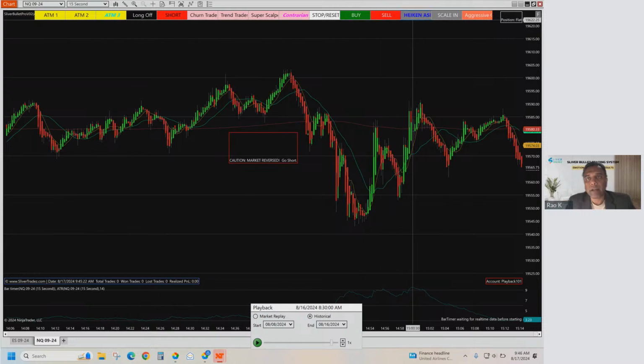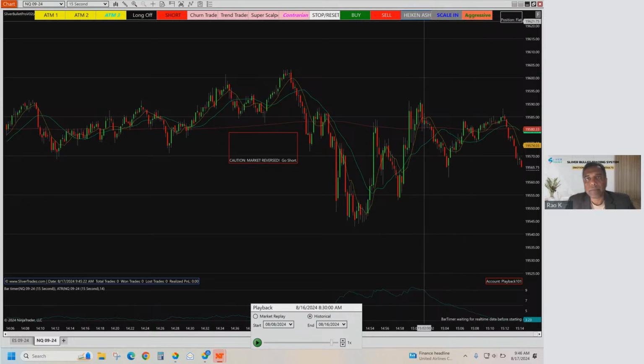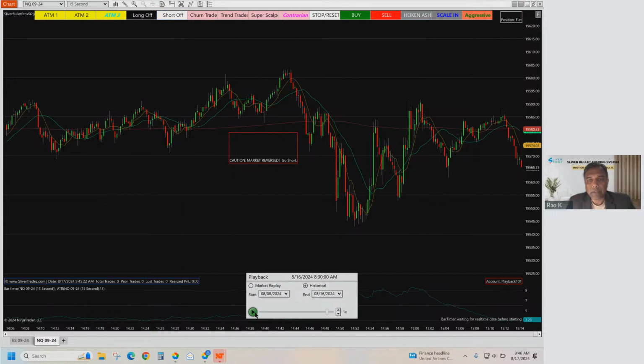There is a Heiken-Ashi, which changes the chart or the candles to Heiken-Ashi candles for easy recognition of the trend. And then there is a scale-in mode, aggressive mode, all that. So let me start the timer and see where the market opens.